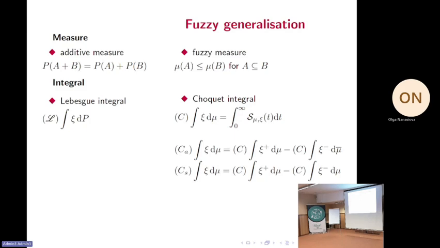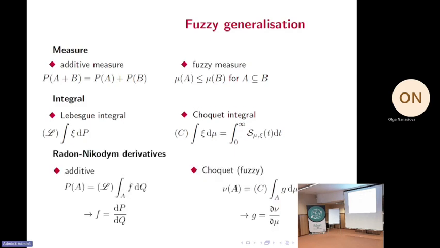I'm just mentioning it because we had an article about this complementary Choquet integral, and it would be maybe very interesting to look at the direct generalization. But since this community is basically working with this formula for presentation, I chose this one.